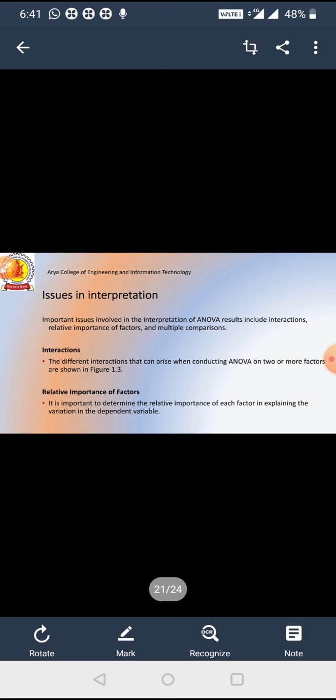The different interactions that can occur when conducting ANOVA with two or more factors are shown in this figure. Here we find the possible interaction effects: interaction or no interaction, ordinal and disordinal, non-crossover and crossover. We discuss these by ordinal coordinates in different figures. This is the pattern of how the effect is increasing or decreasing.